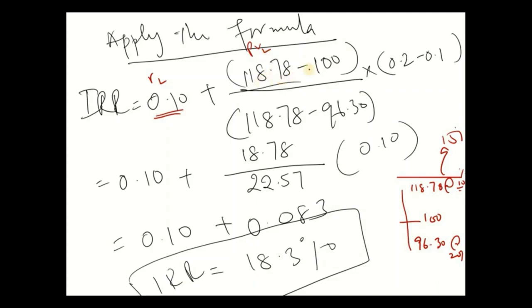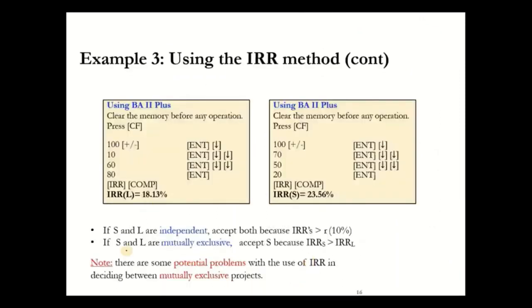That is 118.78 minus the present value of outflow, divided by the present value of the lower rate minus the present value of the higher rate you used, multiplied by the higher rate minus the lower rate. Once you solve this, you get 18.3%.